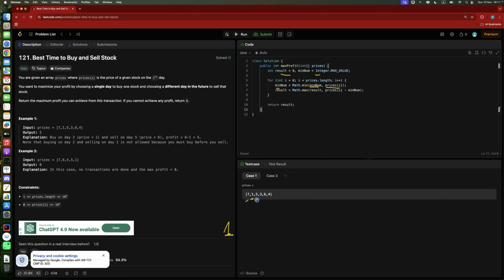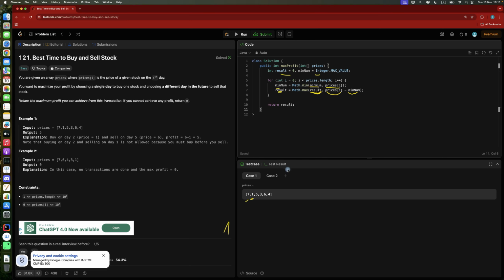I use the Math.min function here. If I use if else, it would be clearer, but I think you know what Math.min does. And for the result, we see which is greater every time, the result or price i minus the minimum.